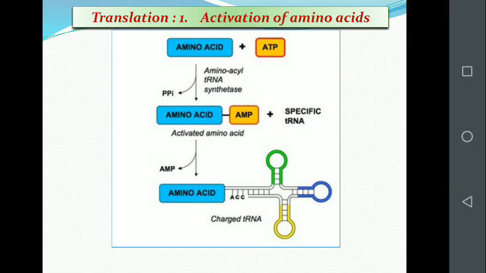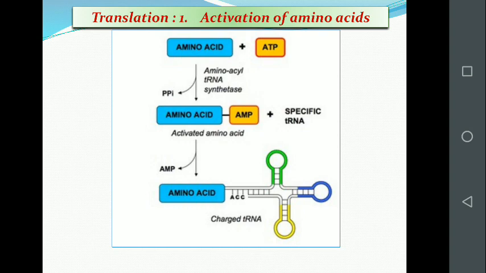Now this AMP is simply replaced by the corresponding tRNA, at the 3' hydroxyl of the tRNA. Therefore, the amino acid is acylated onto the CCA end of the tRNA molecule, and we get aminoacylated tRNA, which is also known as a charged tRNA. Based on the amino acid name, it may be called, for example, if it is serine, then seryl tRNA.